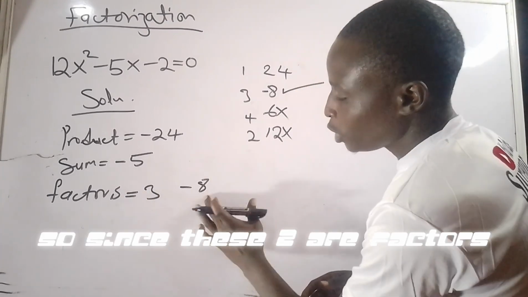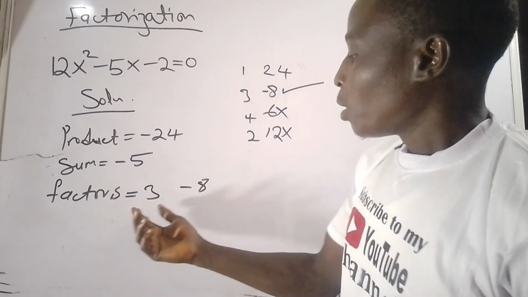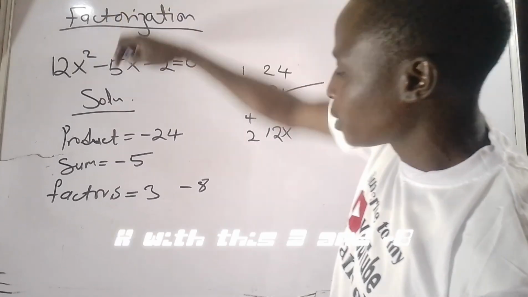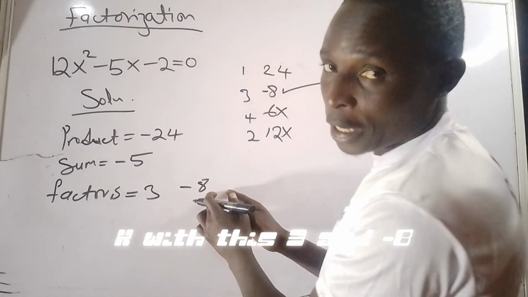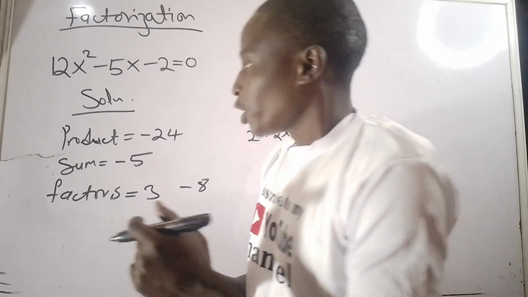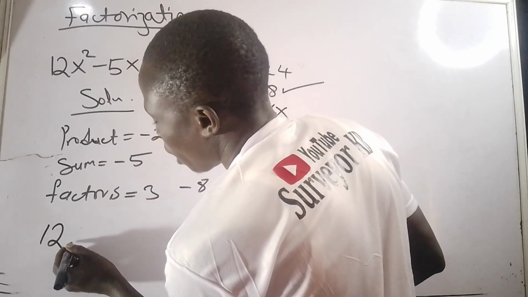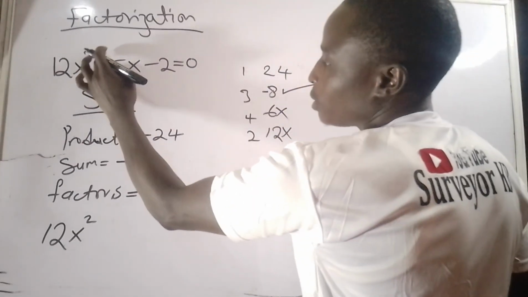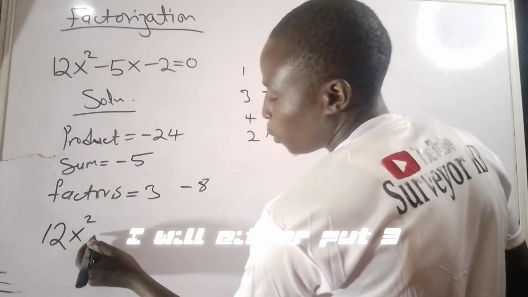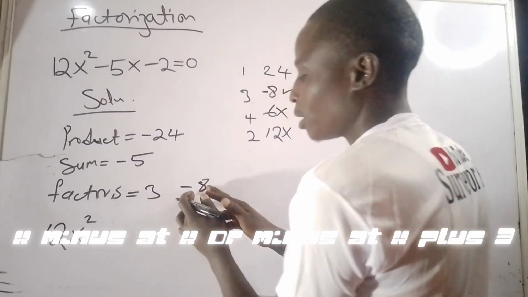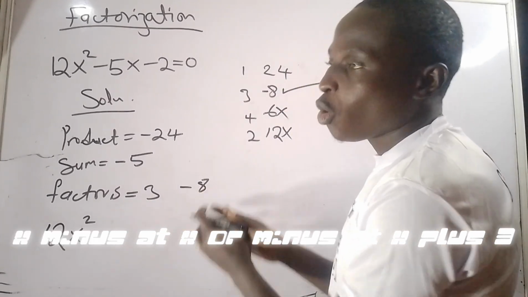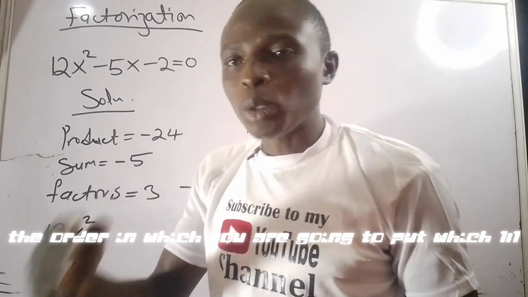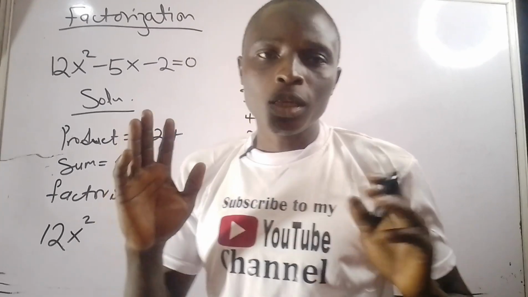Since these two are our factors, we are replacing the negative 5x with 3x and negative 8x. So here I will have 12x squared, and instead of minus 5x, I will put either 3x minus 8x or minus 8x plus 3x. The order in which you put which one comes first is immaterial.